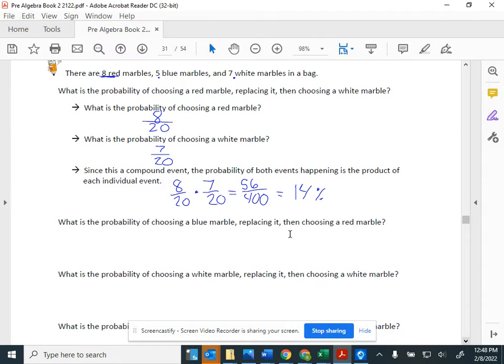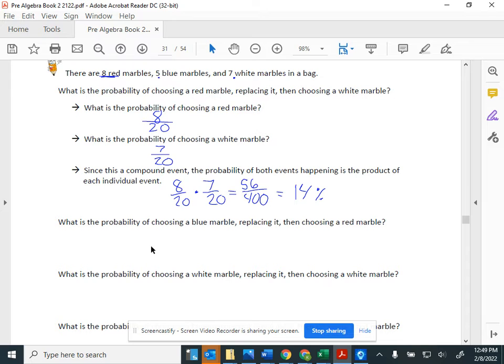So to find those compound events, you take each individual one that you want to happen and you multiply them together. You find the product of each of the individual events. So if we'd gone on to a third event, we would multiply that onto it. 8/20ths times 7/20ths times whatever that third event's probability is. You multiply them together, and then you can find that percentage.